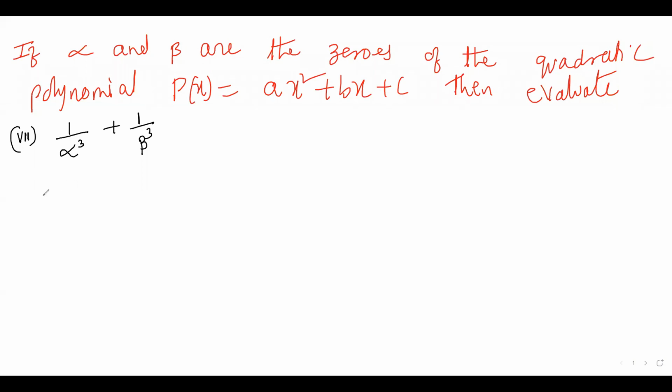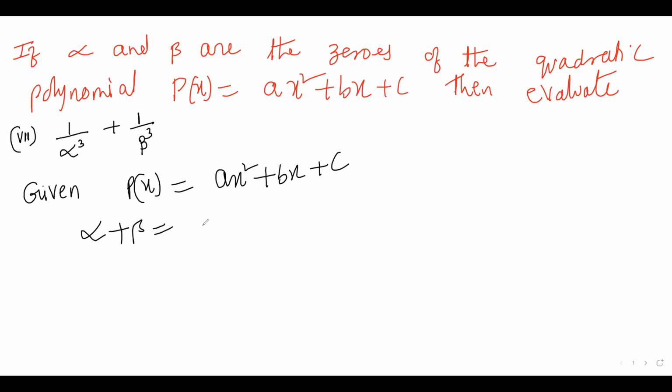So what is the given quadratic polynomial? P of x is equal to ax square plus bx plus c. What is sum of zeros? Minus b by a, product of zeros, c by a.